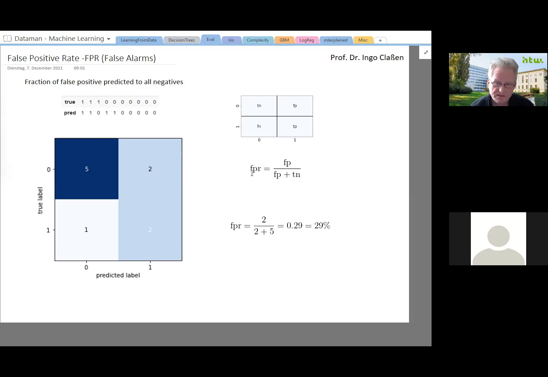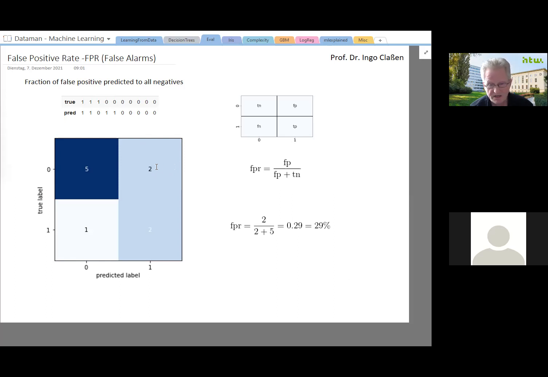So how is the false positive rate defined? It's just the false positives, this one here, with respect to all negatives. These are the ones that are falsely declared as being positive.